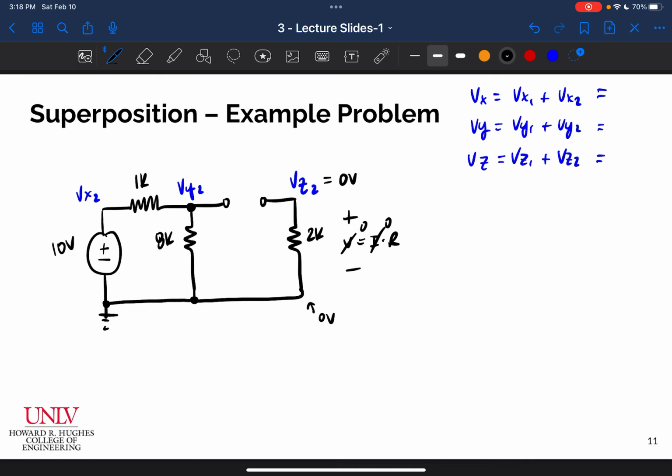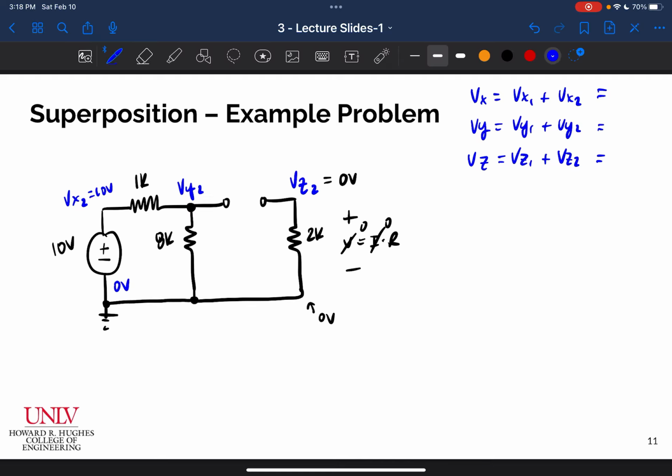We also know VX2, which is straightforward. It's a voltage source. I've got 0 volts on the minus side, which means that the plus side is going to be 10 volts because that's the rating of my voltage source. So I've found VX2, I found VZ2, now I just need to find VY2. It may not be obvious to you yet, but it will become more obvious.